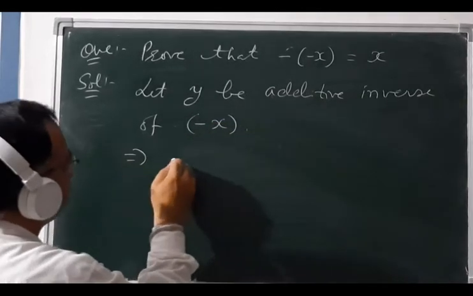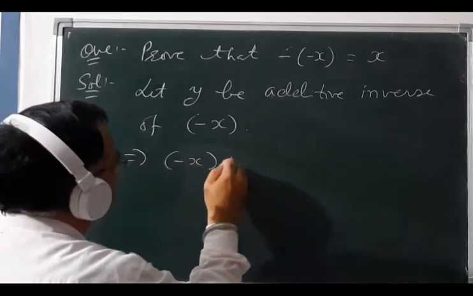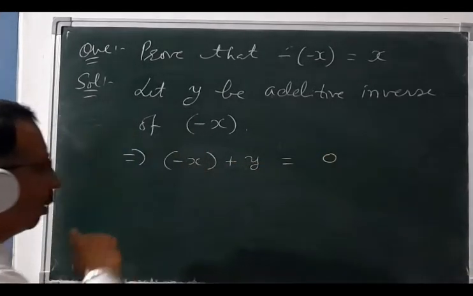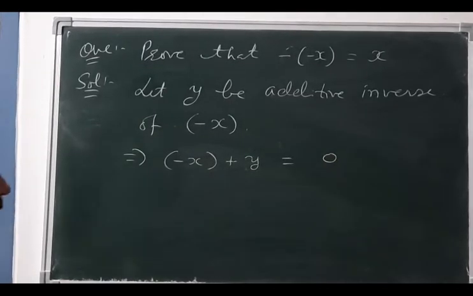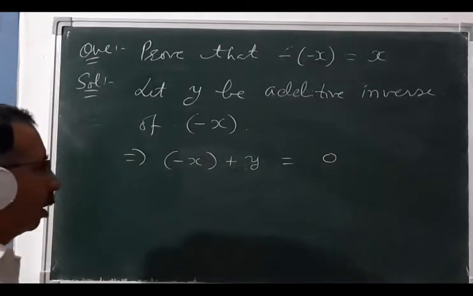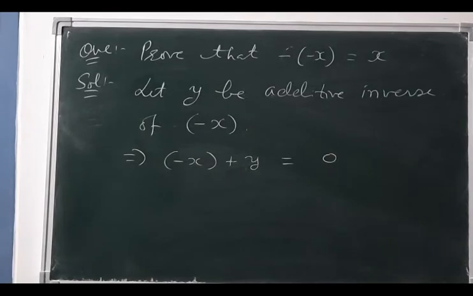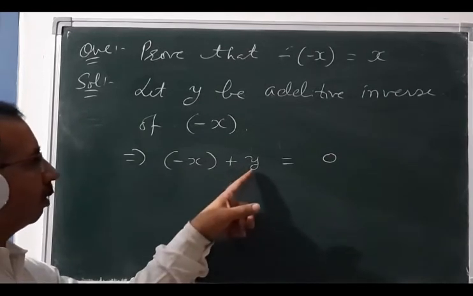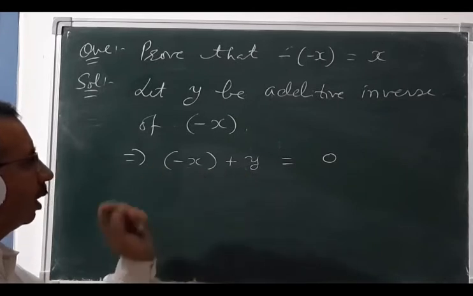This implies minus x plus y is equal to the identity element. This is the definition of the additive inverse. So y is the additive inverse of minus x.